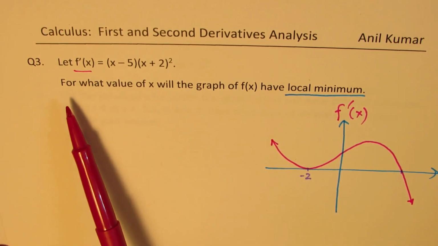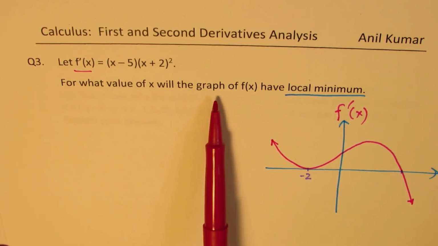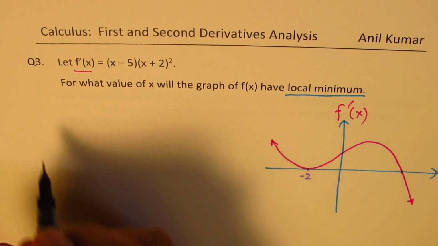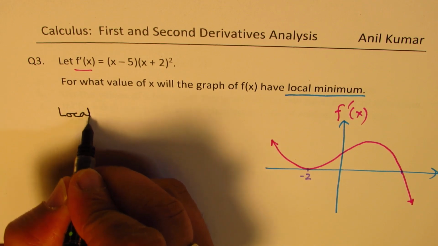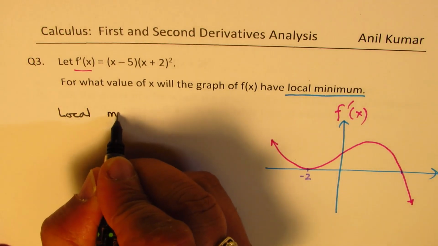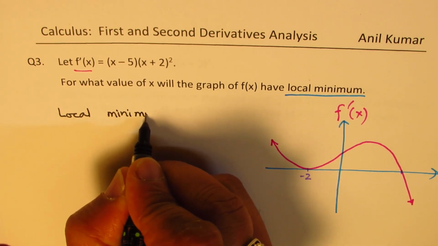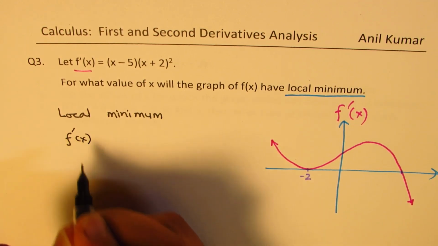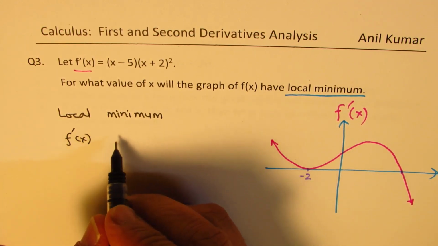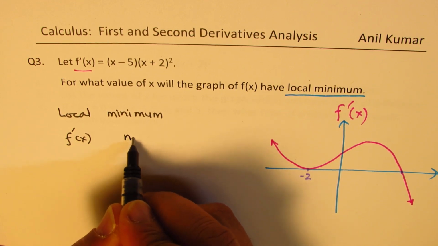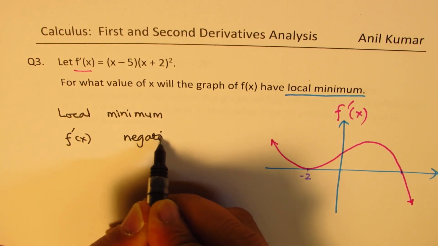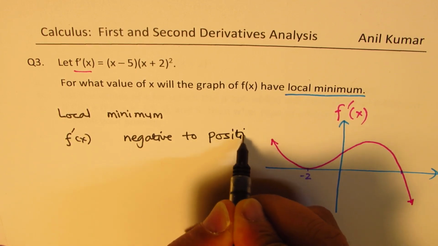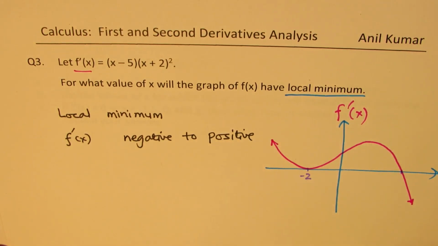Now, the question is, for what value of x will the graph of f have a local minimum? So when we say local minimum, what do we want? We want the derivative to change from negative to positive, right? Then we have a local minimum, right?